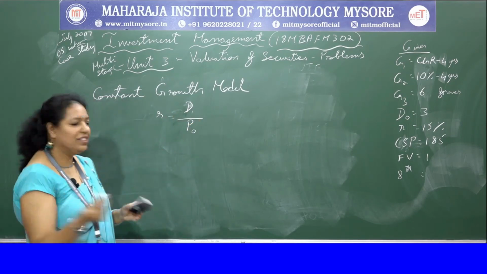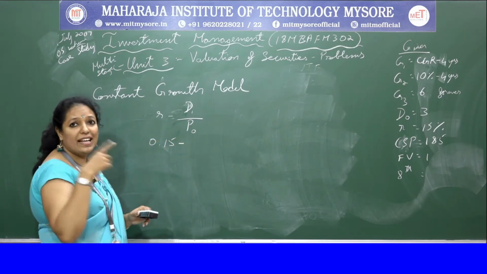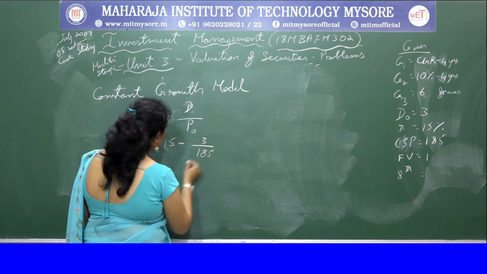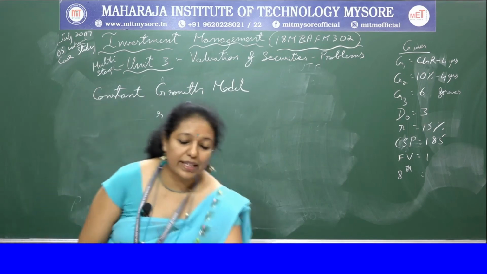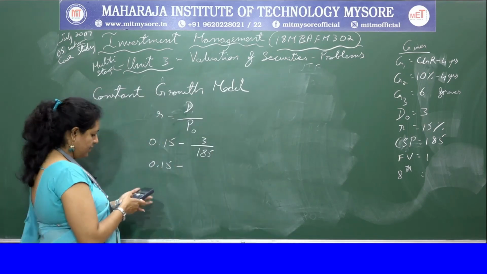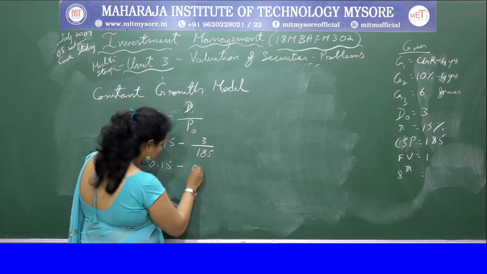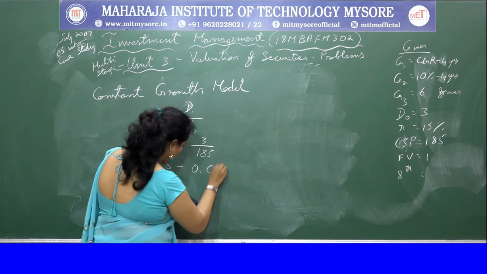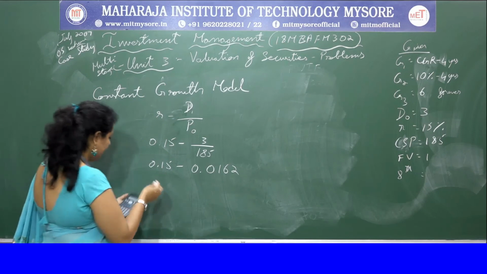So how much is the R which is given? 0.15 minus D1, they are saying it is 3, and P naught they are saying it is 185. So we need to do this with the help of the calculator. So 3 divided by 185, you get 0.0162. Okay, this is the answer I get.